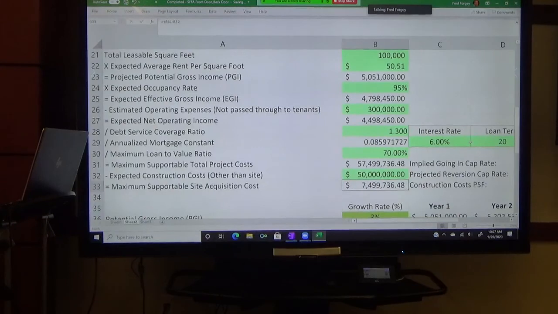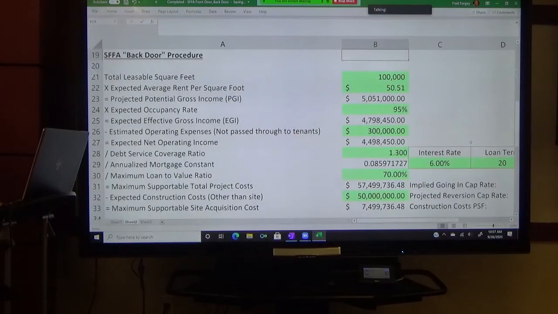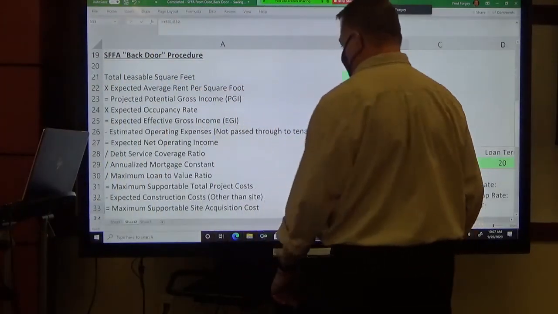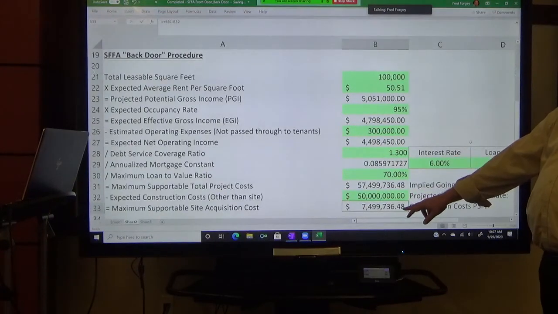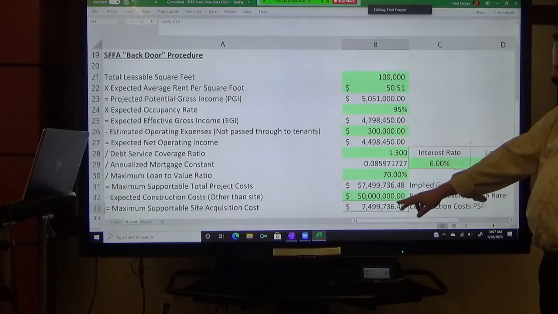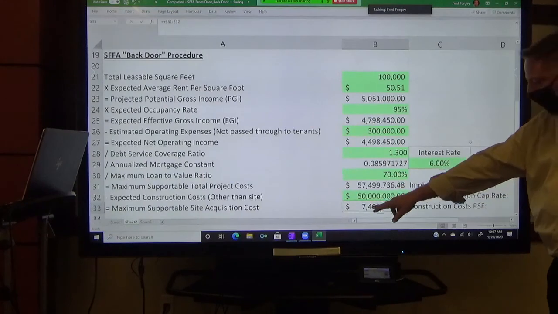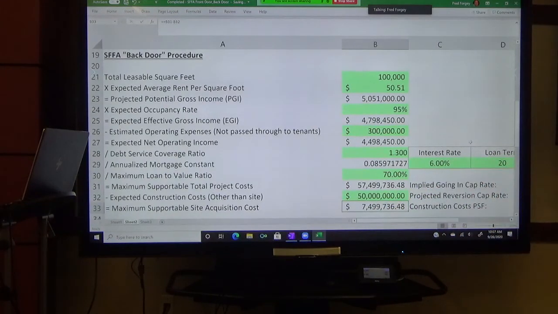Okay, so what you find with the backdoor approach is you end up with the maximum dollar amount that you can spend on the construction cost as well as on your site acquisition or land cost. Obviously, because of rounding, this would be 7.5 million, but it's simply the carry-through of that little penny or so difference, so it changes things ever so slightly.